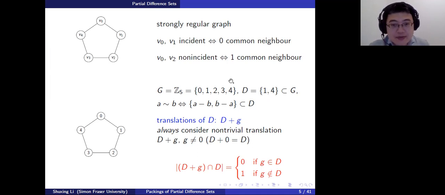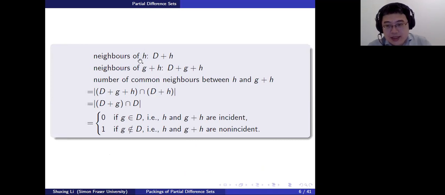How can we see it? Well, take a vertex h. We know that all its neighbors are D plus h, this set of translation. That is because for any vertex, if it is incident with h, then this vertex minus h must belong to D. Following the same idea, the neighbors of g plus h is just the translation D plus g plus h.